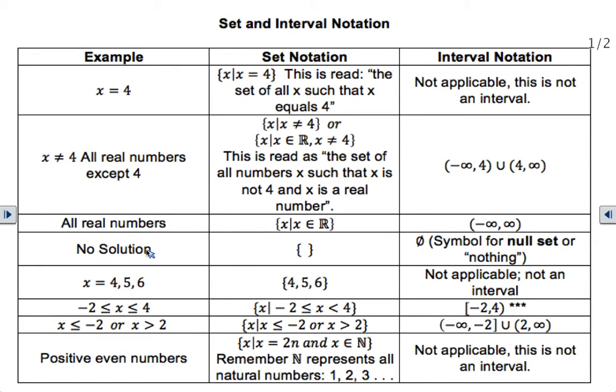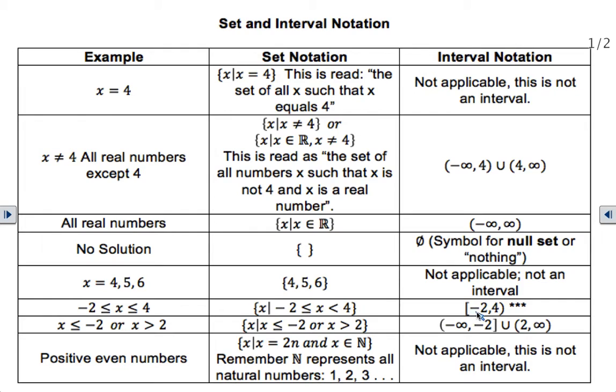Again, if there's no solution, there is no domain or range. Also, this one's not applicable. Notice here, whoops, it looks like I had a typo. This should not be an equal sign. So if you had this example here, then you would set it up like this. Remember, this line right here is just a such that line. But notice that in interval notation, we don't have any inequality symbols at all.